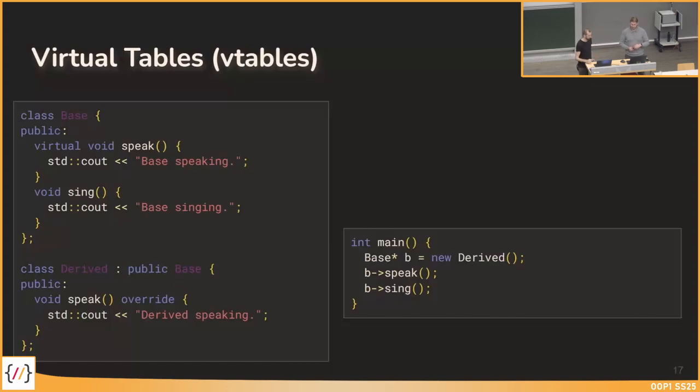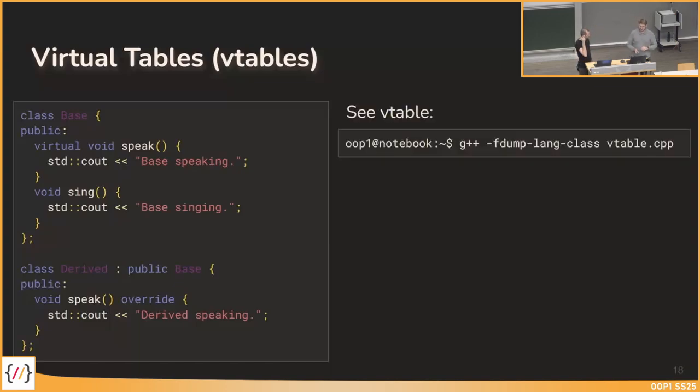We will now dig a bit deeper, not too deep, but a bit, and we will have a look at the virtual table. We can create or have a look at the virtual table of all the classes, or let's say of actually everything regarding this program here with this command, so you can also do it.